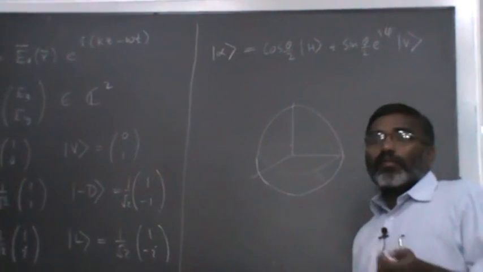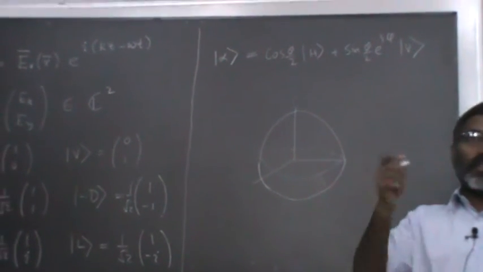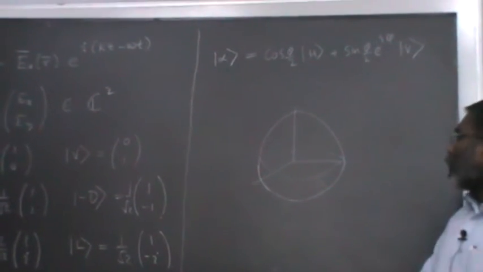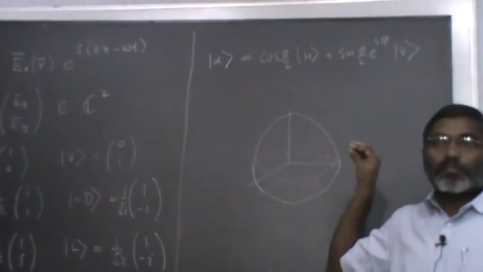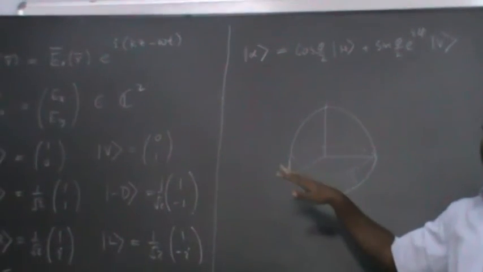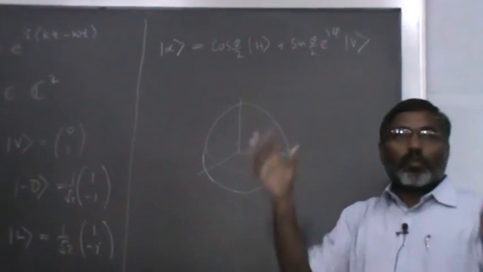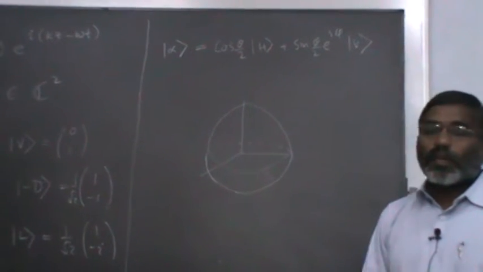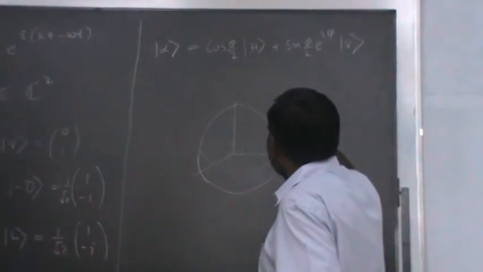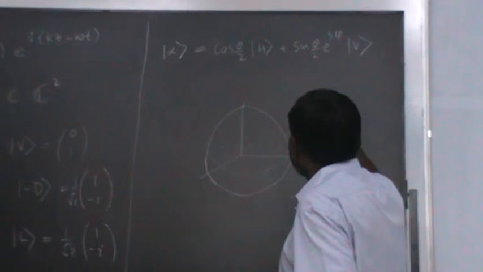So I give different values of theta and phi, I get different states, and every state can be located on the surface of the sphere. Correct? So that way, all polarization states are mapped onto points on the sphere. Okay? In polarization optics, this is called the Poincare sphere.